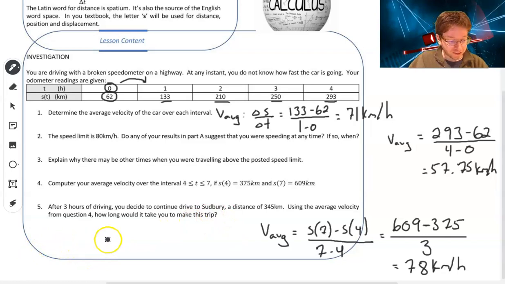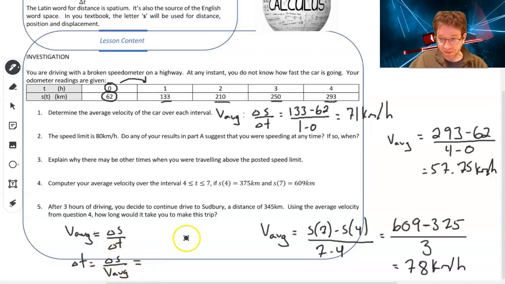Okay, well, our equation was V average is change in position over time, so we're just going to rearrange this equation and write time is change in position over average velocity. Our change in position is 345 kilometers, because that's the additional distance we want to travel.